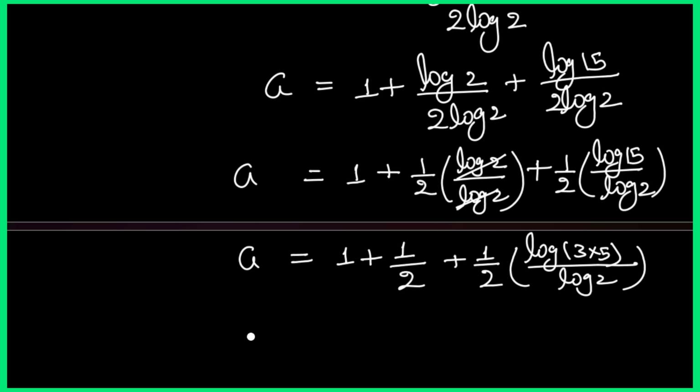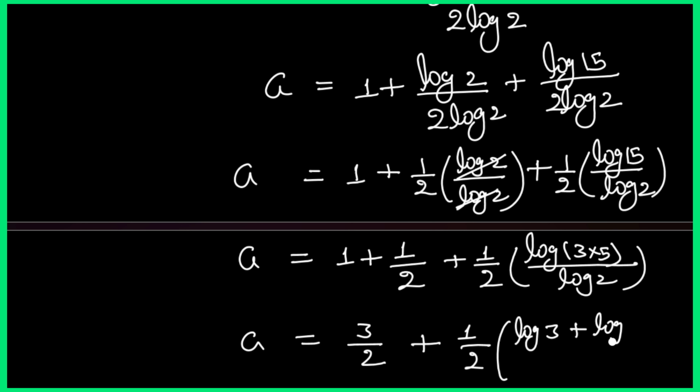So now a equals 1 plus 1/2, which is 3/2, plus 1/2 times log 3 plus log 5 over log 2.